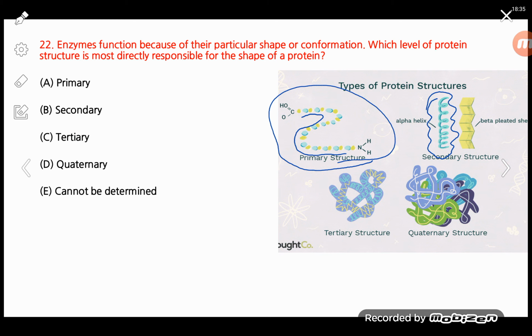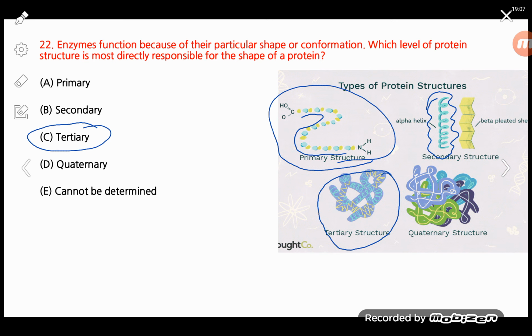After that, it will change into a tertiary structure, and in this case, the enzyme or the protein can do the function that it is responsible for. So the answer for this question is tertiary. The tertiary structure is the shape or conformation of the protein which is responsible for its function.